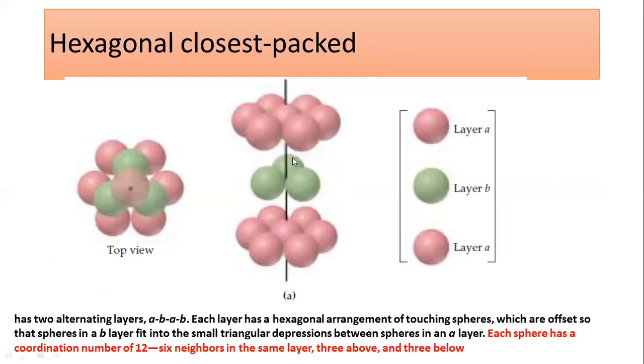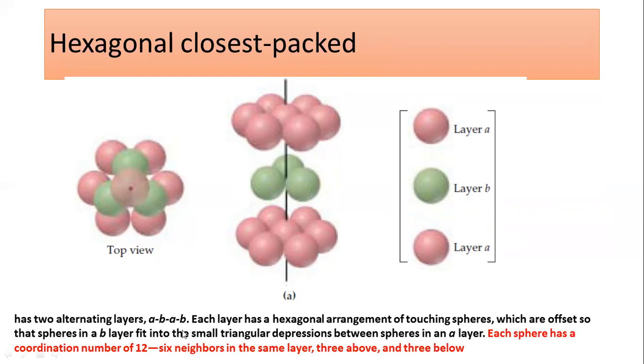Third one is the hexagonal closest packing. And why is it called hexagonal? Because it is looking like a hexagonal shape, and there are layer A, layer B, layer C. This is layer A, this is layer B, this is layer C. So in this case the coordination number is 6.